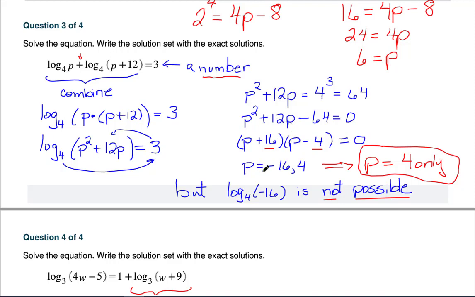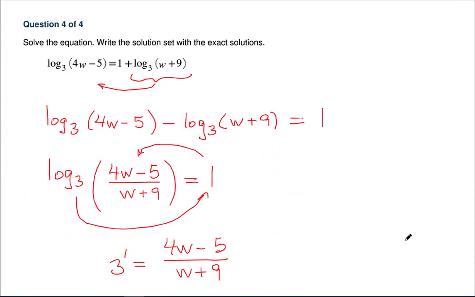And so I get P is minus 16 and 4. So we feel happy we solved it, but can I use both of these numbers? If I plug in the minus 16, that's log 4 of minus 16. That's not possible, so the only solution is 4.